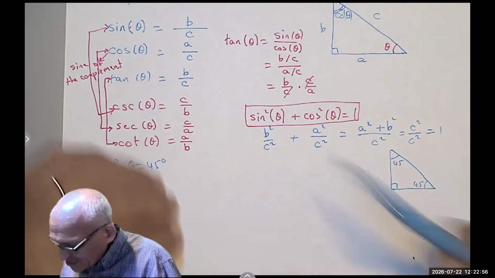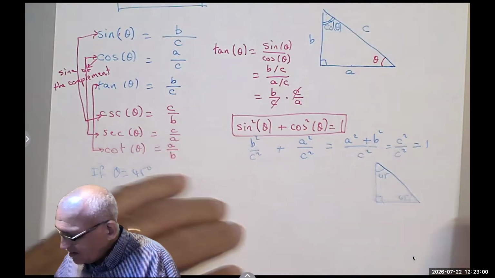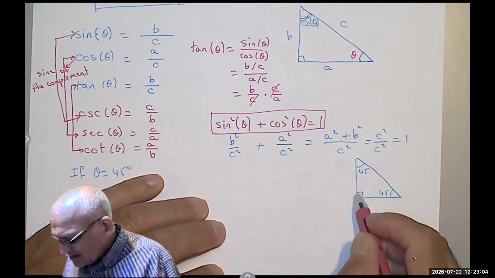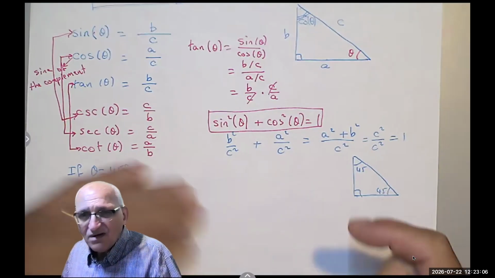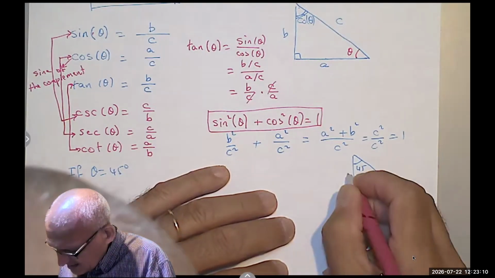Since these two sides are equal, I can say this is 10 and this is 10, or this is 7 and this is 7. I would make it hard on myself. Why? I'm going to say this is 1 unit and that's 1 unit.